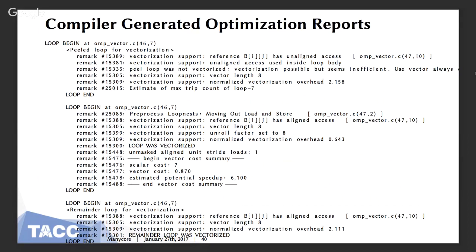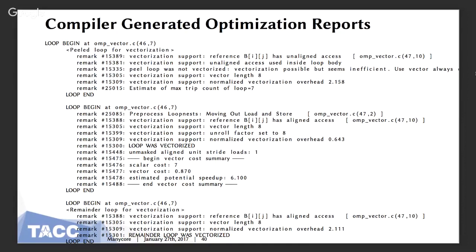What's kind of cool that I mentioned before is it'll show you the unroll factor set to 8, 2 lines up from loop was vectorized. And that's how wide it's using, loading 8 data elements for each vectorization operation.